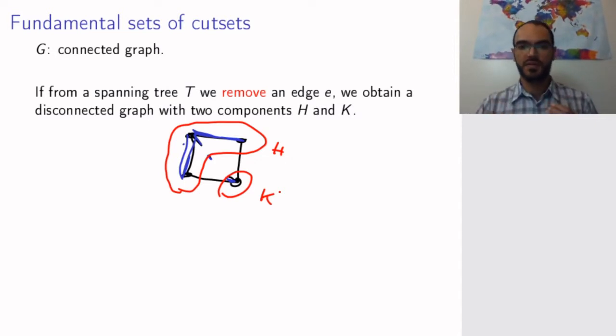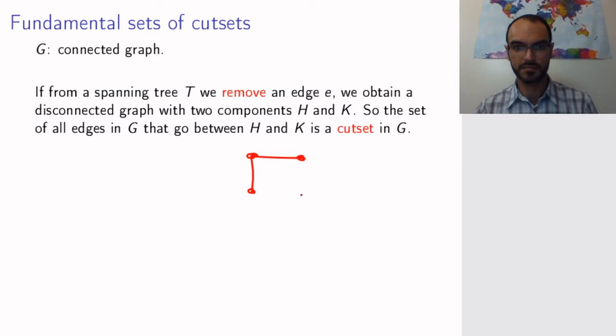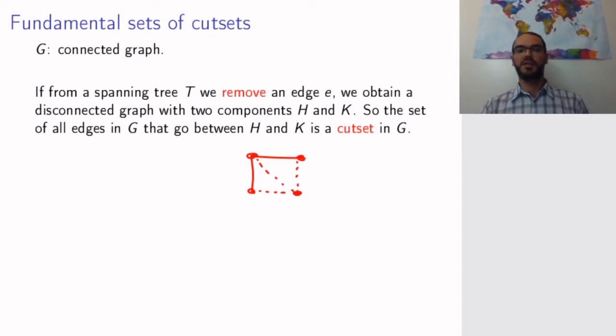And so the set of all edges that go between H and K is a cutset in G. It's a separating set because, if I look at what I just drew earlier, these edges in dots, this is a cutset.